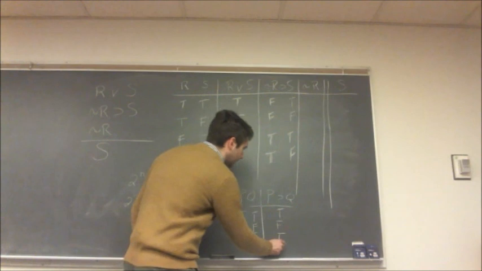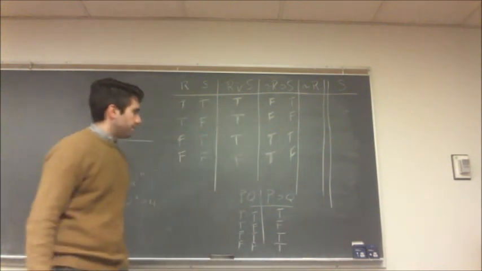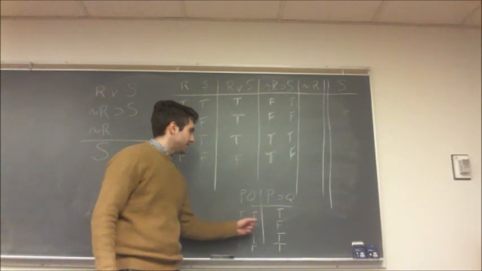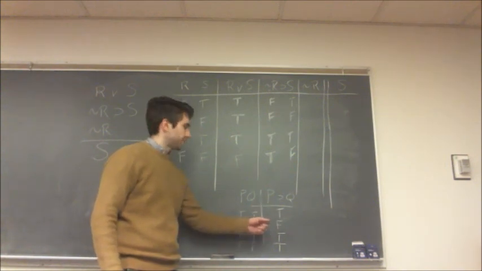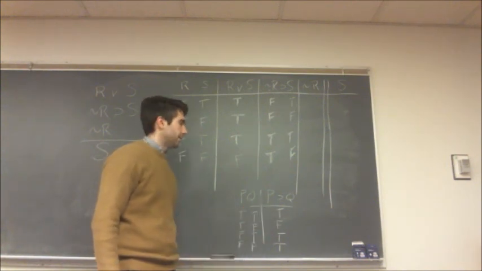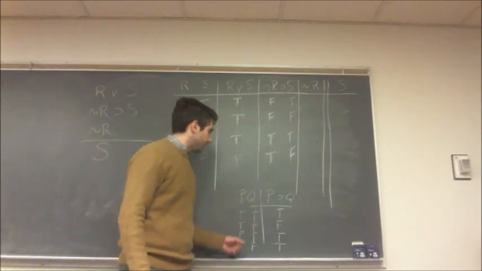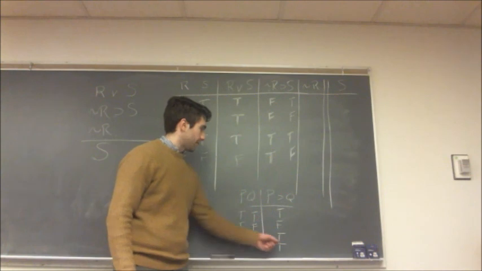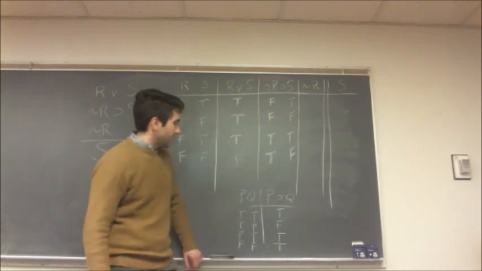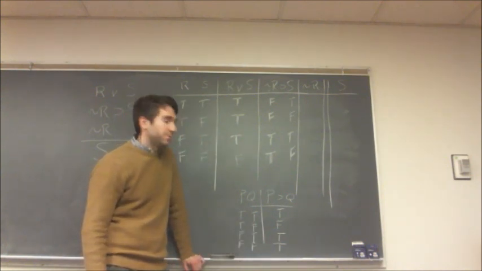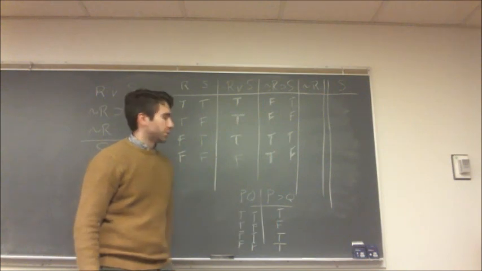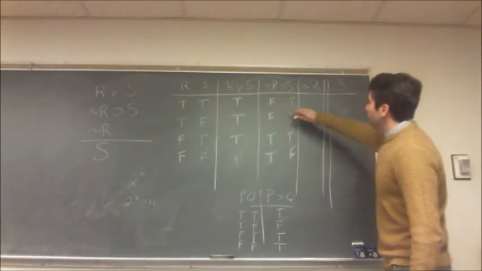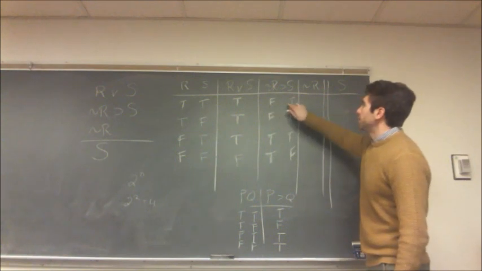So just so long as it's not the case that the antecedent is true and the consequent is false, it's true. When they're both true, it's true. When the antecedent is false, either in the third or the fourth case, it's true. It's only in the second case where the antecedent is true and the consequent is false that the horseshoe is false.